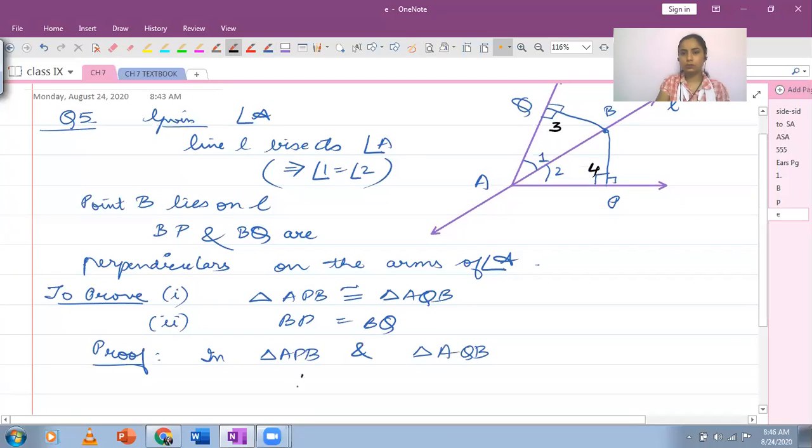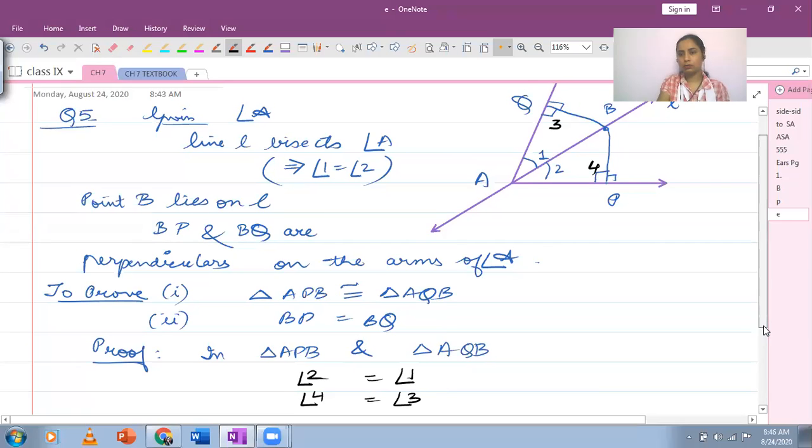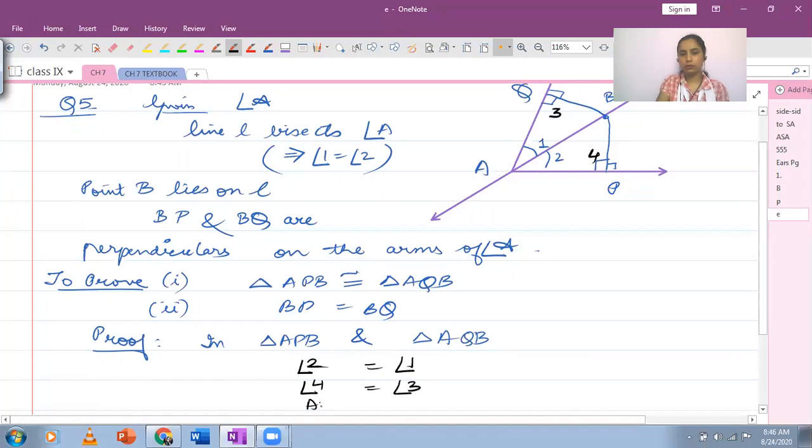I have numbered actually in the opposite way. So in this, I think we have angle 2 equals angle 1. Over here we have angle 4 equals angle 3. And then the third pair is AB equals AB.